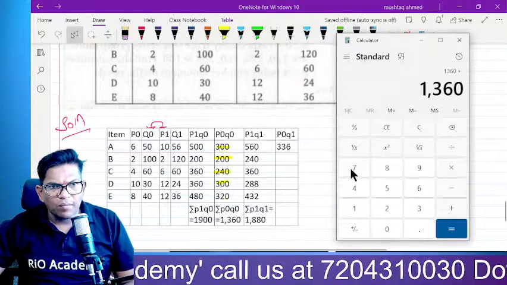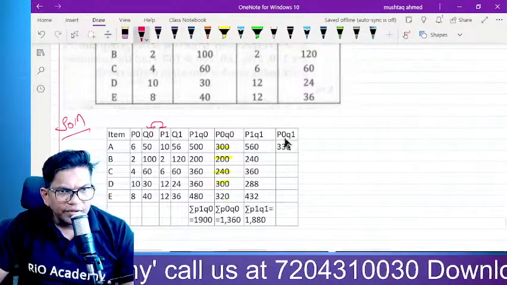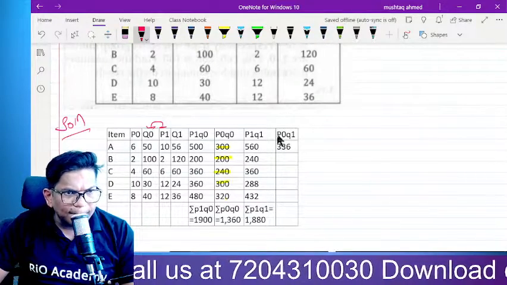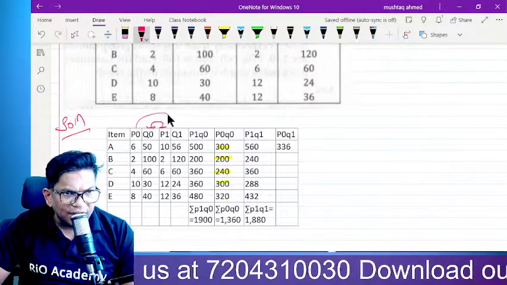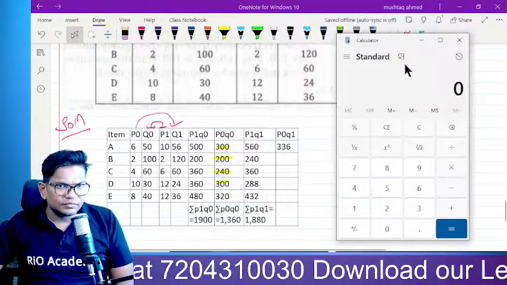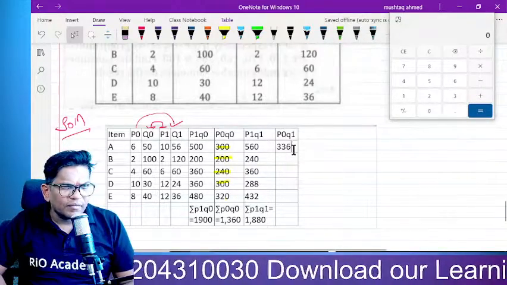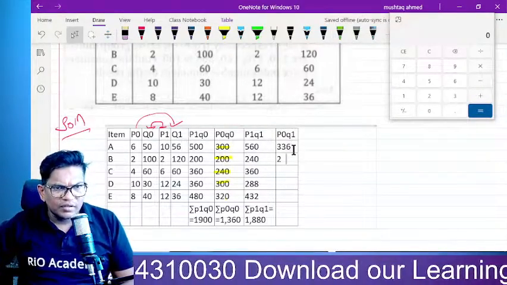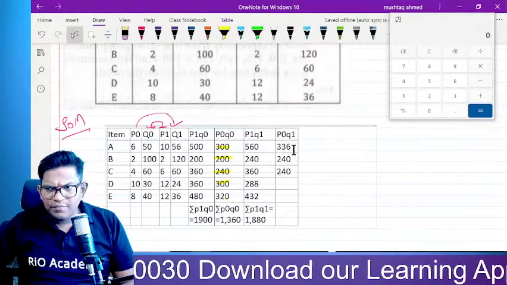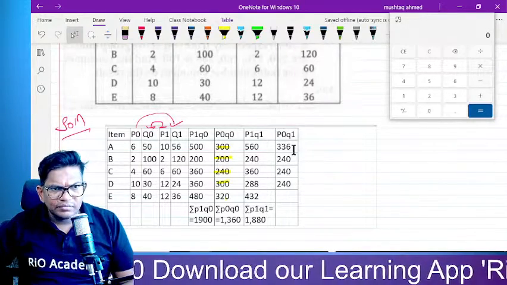Next is what? P naught, we have Q naught here. Multiply. 240, first one 240. Second one. Okay, 240. Again 240.